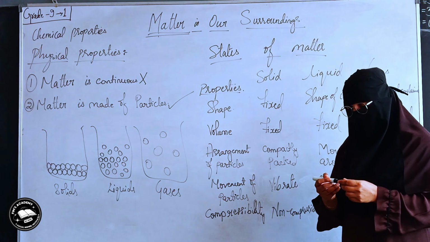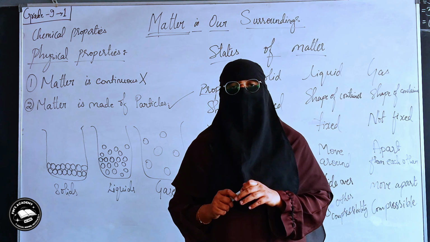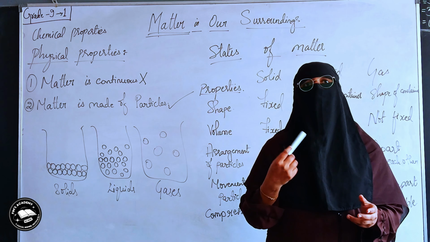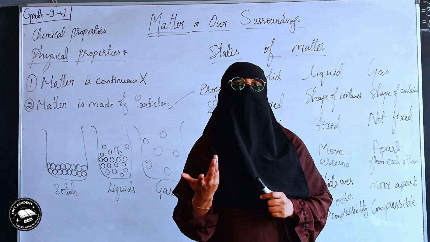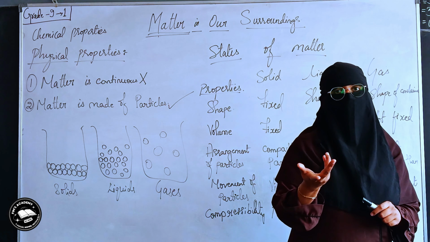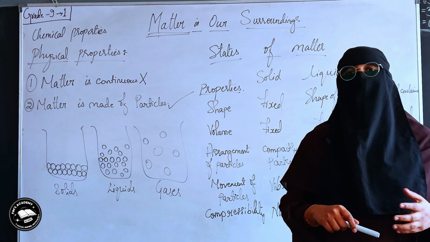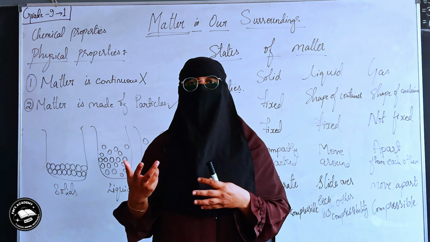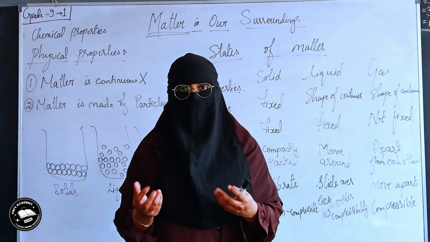Let me give you an example. If I take three syringes, in one syringe I will take a solid like a paper, a metallic object or a chalk piece. In the other syringe, I take water, and the third syringe I leave just like that, and I know that it will be filled with air.